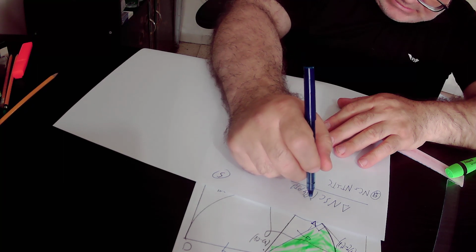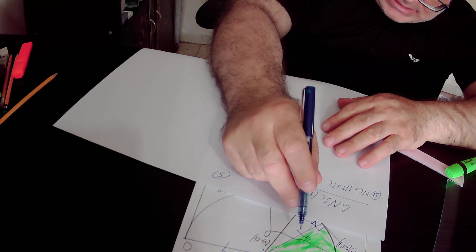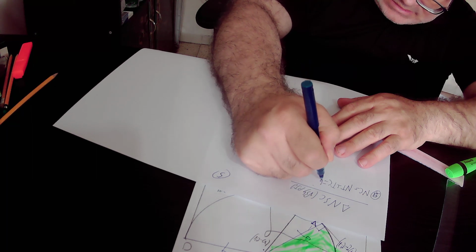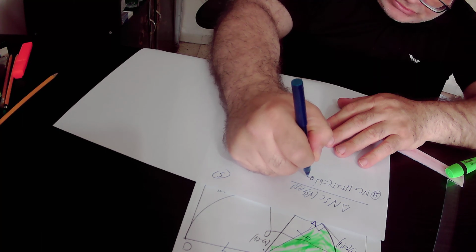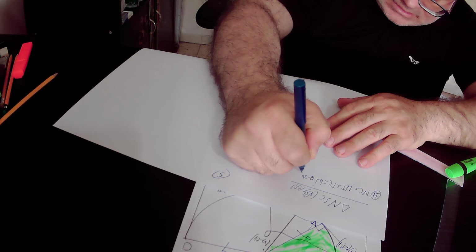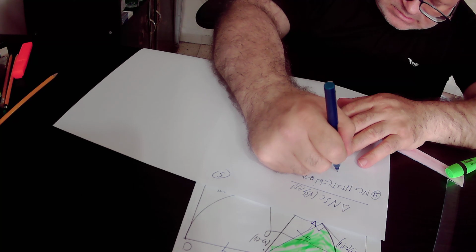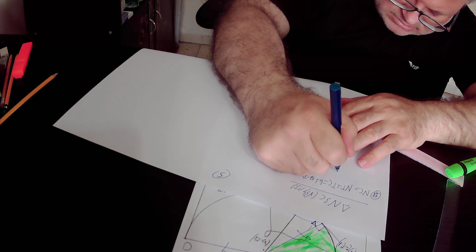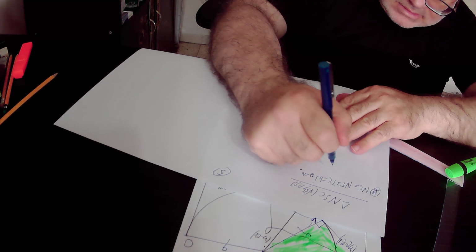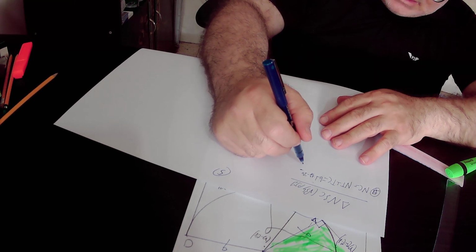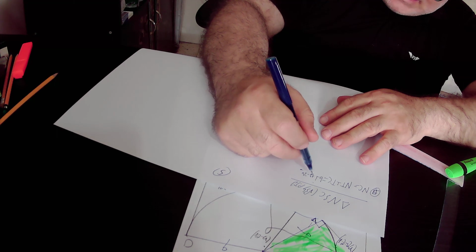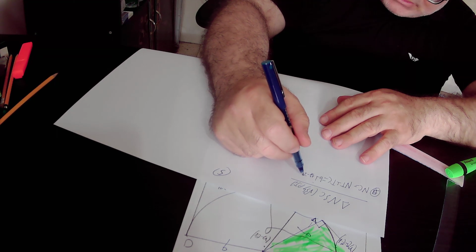So NC equals NT, that is b, plus TC, that is 12 minus 2b.